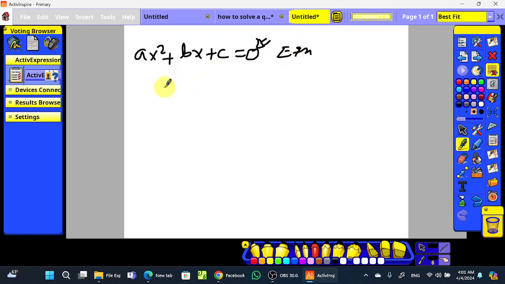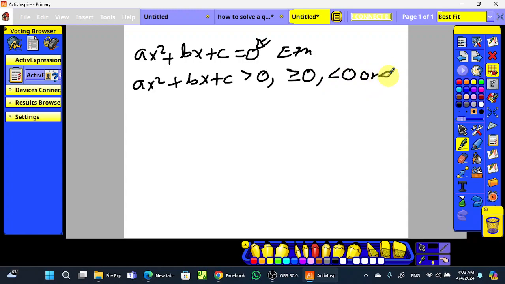What about if it's an inequality? It's going to be ax squared plus bx plus c greater than 0, or greater than or equal to 0, or less than 0, or less than or equal to 0.